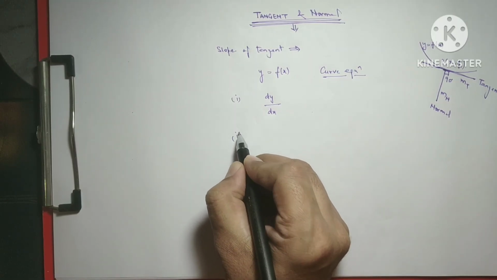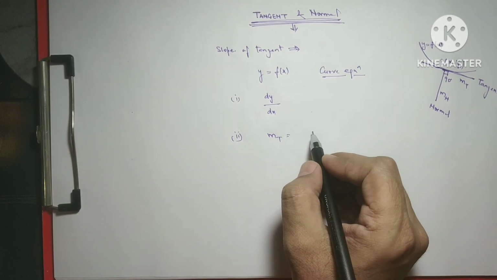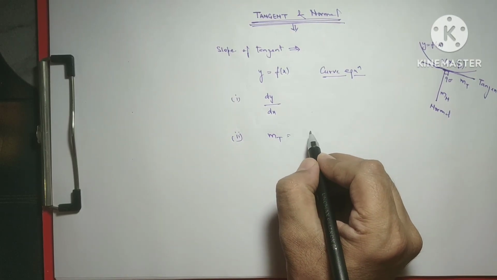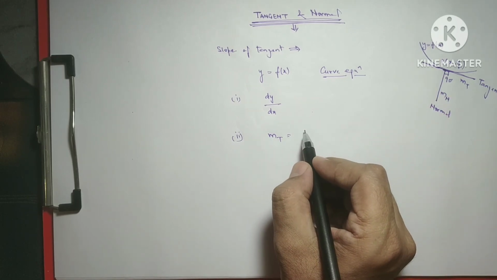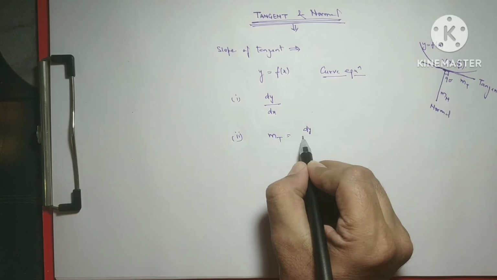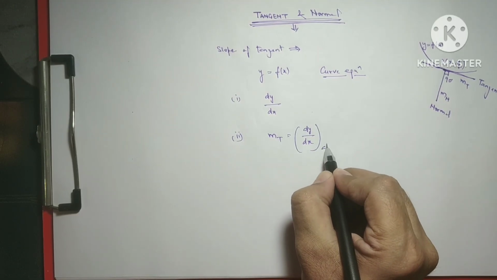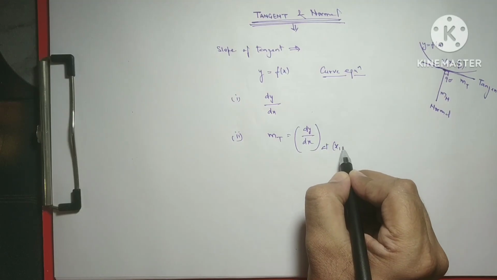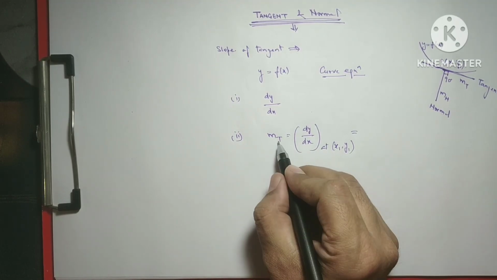Now for getting the slope of tangent, we will place the point P, or you can say coordinates of P, in dy over dx. So we'll collect the value of dy over dx at (x1, y1), and the value of this is the slope.